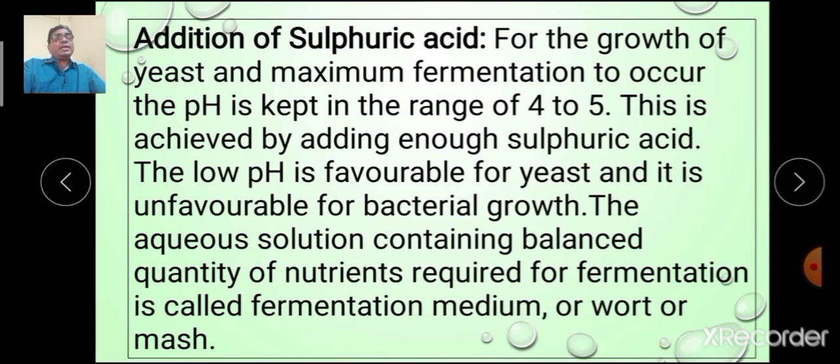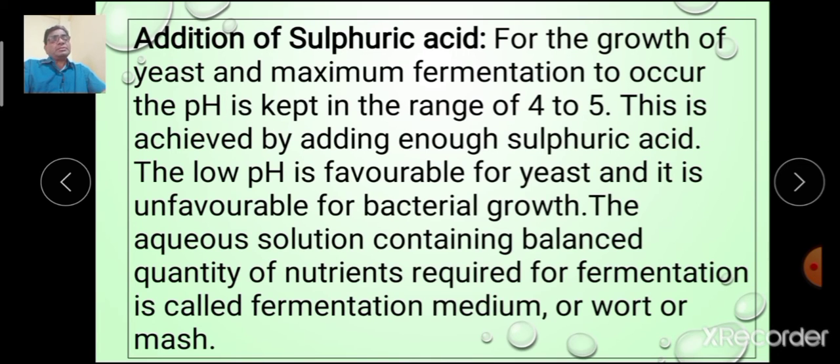Acid is also added because the fermentation process occurs at an acidic pH, that is a range of 4 to 5, and this is achieved by adding sulfuric acid.